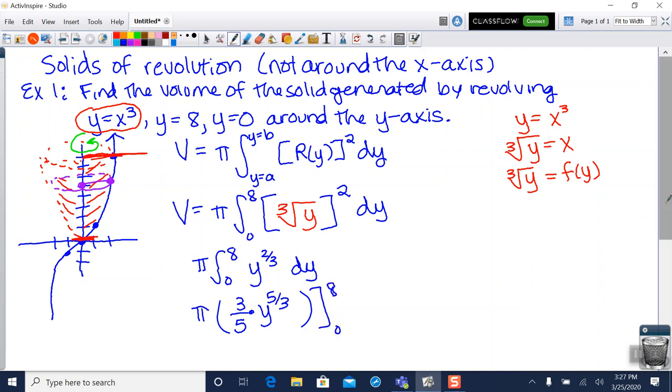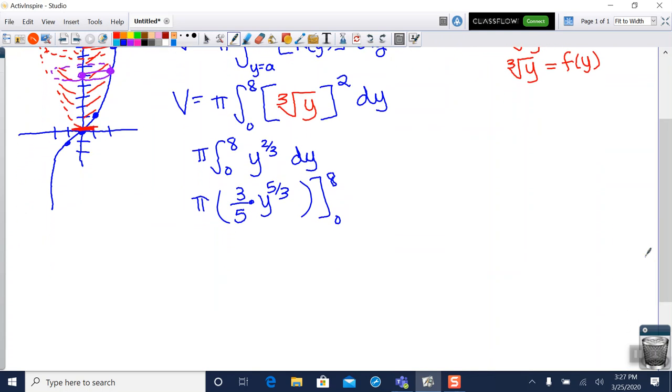So we can go ahead and figure out how much that is. Again, I'm just going to multiply by pi when I get done. This is 3/5 times 8 to the 5/3 minus 3/5 times 0 to the 5/3.